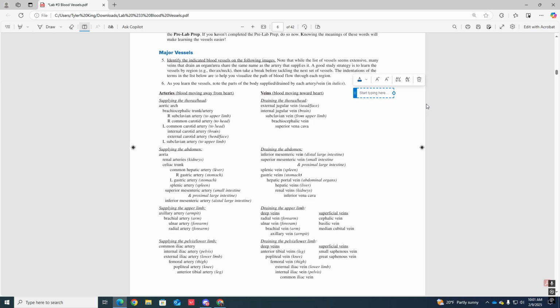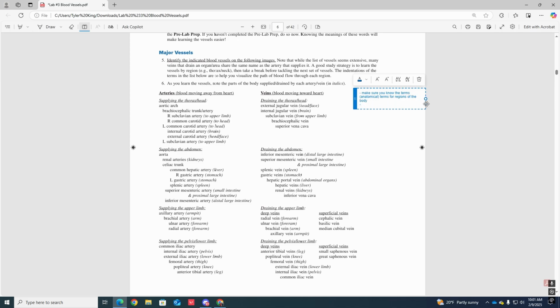Make sure you know the anatomical terms for regions of the body. That's my first point.